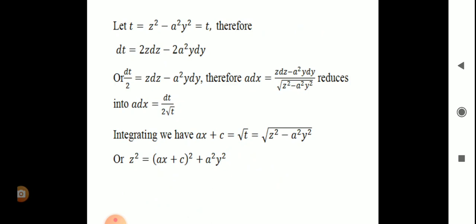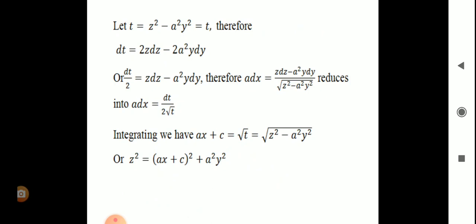Therefore, dt is equal to 2z dz minus 2a square y dy, or taking 2 common from the RHS, dt by 2 is equal to z dz minus a square y dy. Therefore, the equation reduces to a dx is equal to dt by 2 root t.